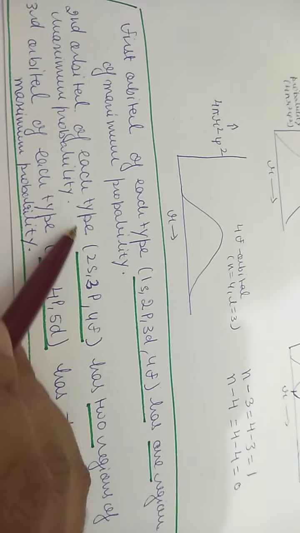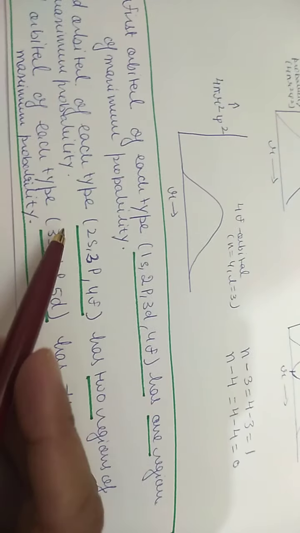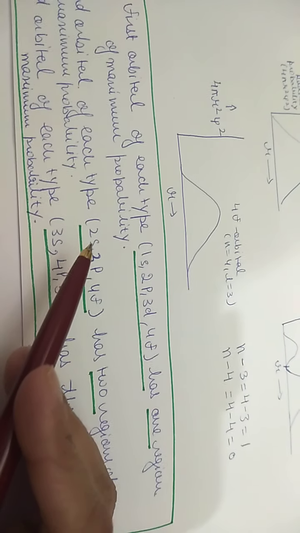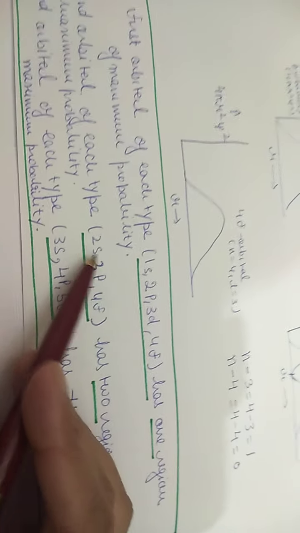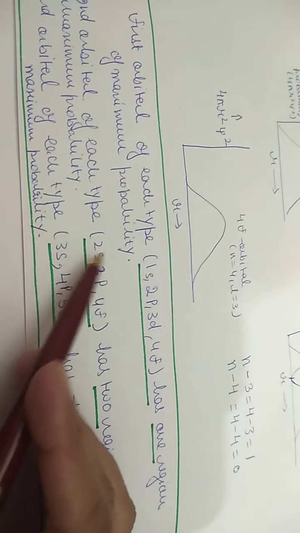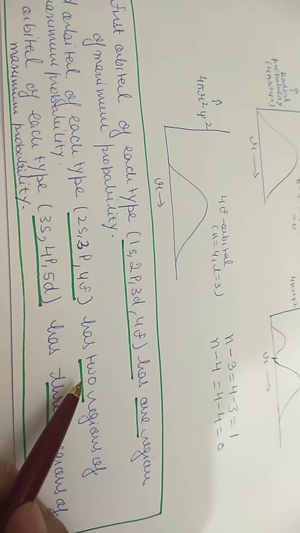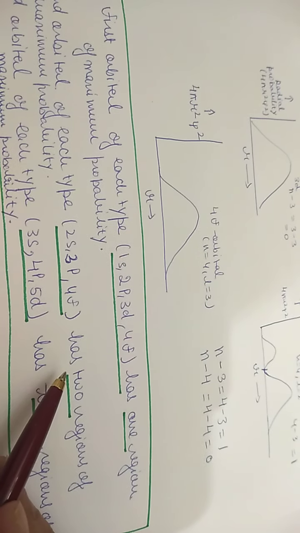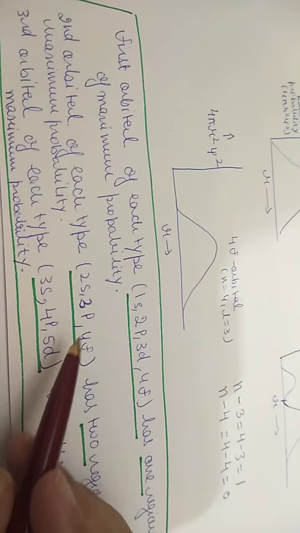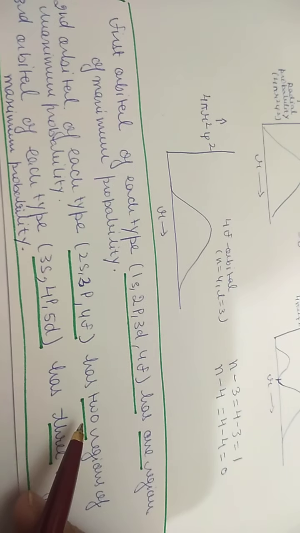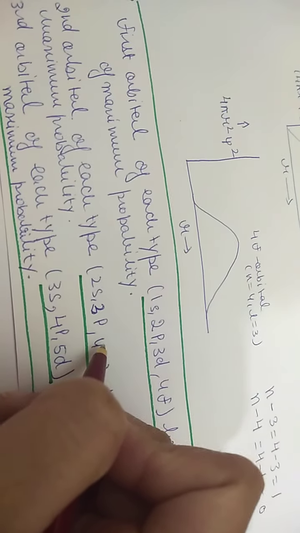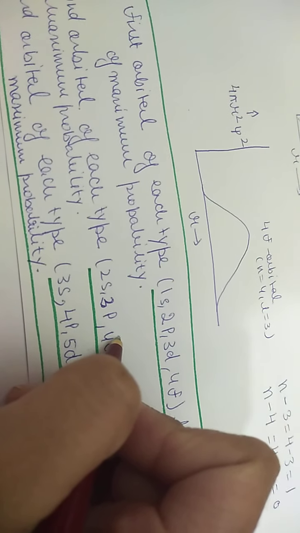Then the second orbital of each type, when n is equal to 2, is 2s, 3p and 5f, not 4f.